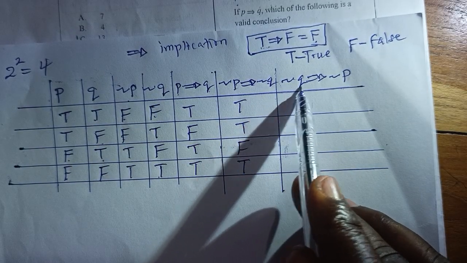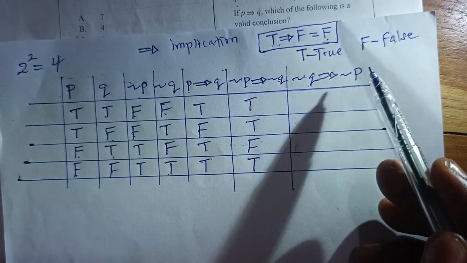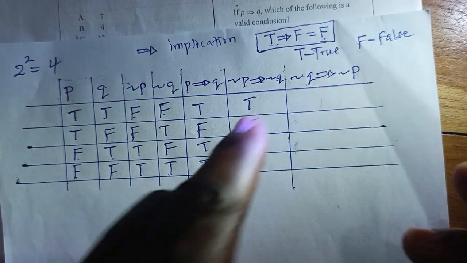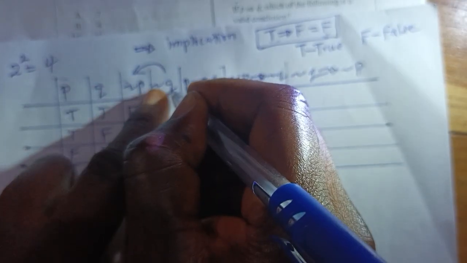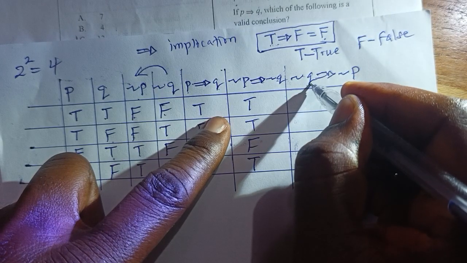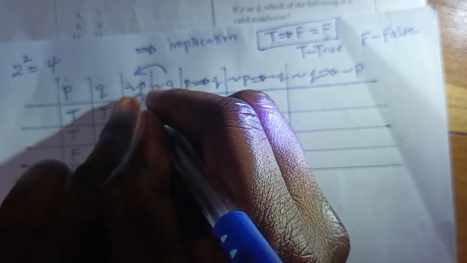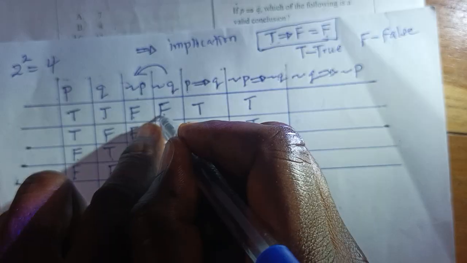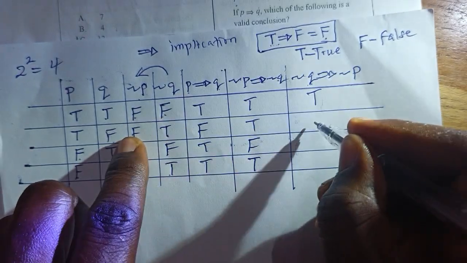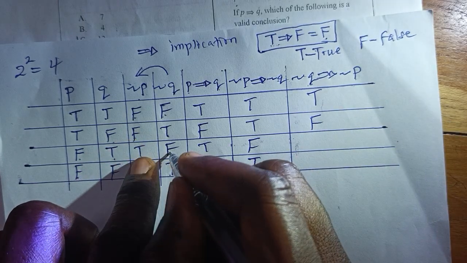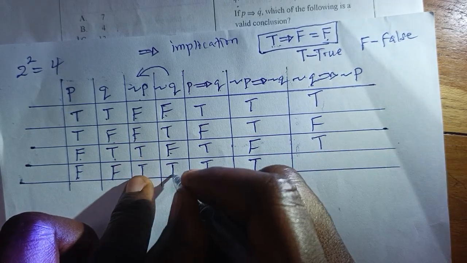Now the antecedent here is negation of Q, and the consequent is negation of P. So we are going to move from this to this. We consider negation of Q first, because negation of Q is the antecedent, while negation of P is the consequent. So we have F implies F will be T. T implies F will be F. Then F implies T will be T. Then T implies T will be T.